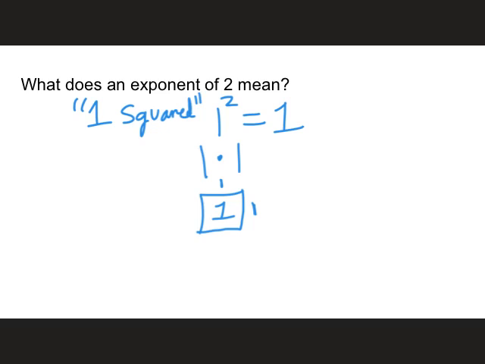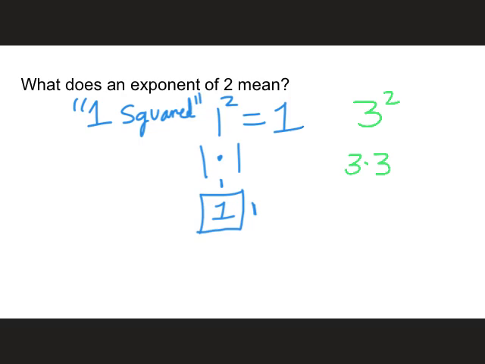Okay. What if we did it with a number other than 1? 1 seems to just have a lot of ones going on in there. Let's say we did this with 3. Say we had 3 squared. Well, that would still be 2 of the number, so 3 times 3, because there's 2 of them.